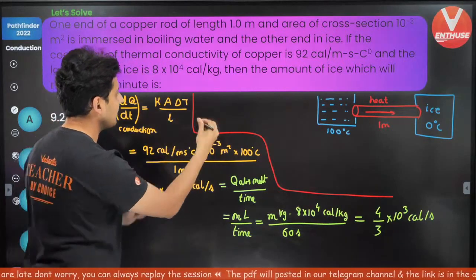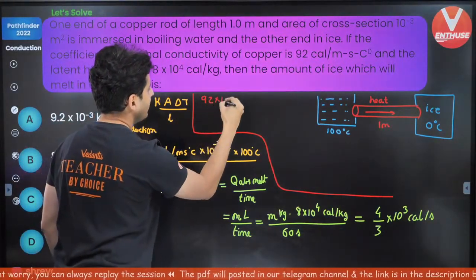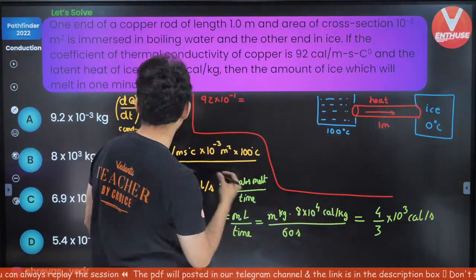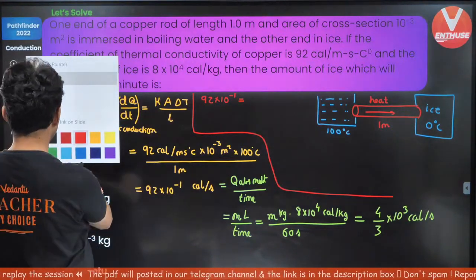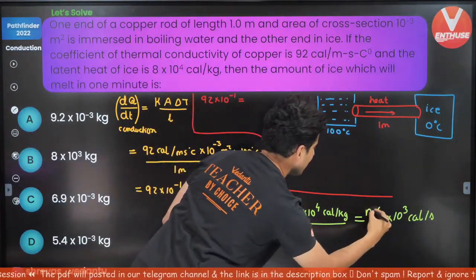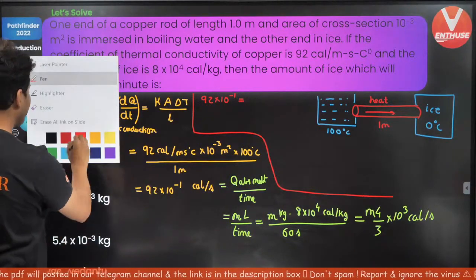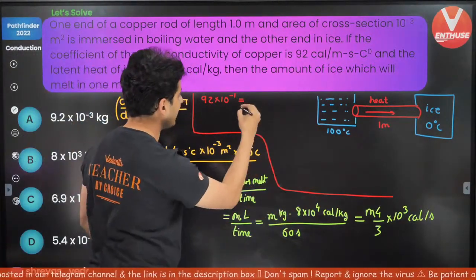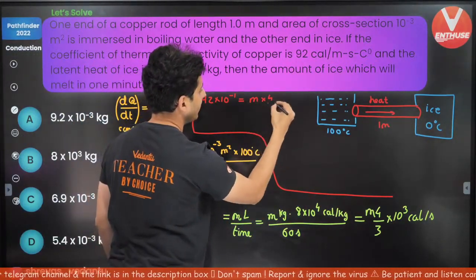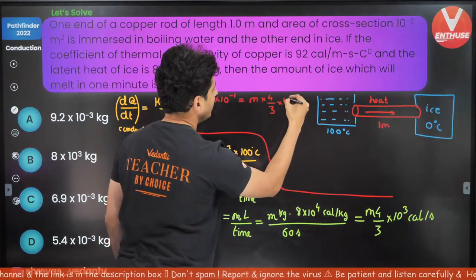So just put this over here. So 92 into 10 to the power minus 1 is equal to... oh, I forgot that m over here. Just 1 second. This m was also there. So this m is right over here. All right. Moving on. So this will be m into 4 by 3 into 10 to the power 3.